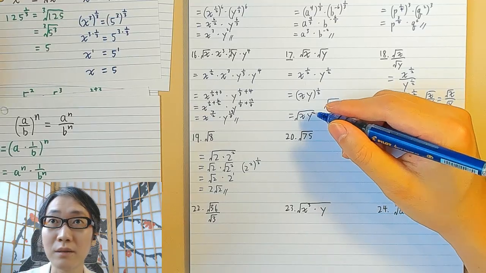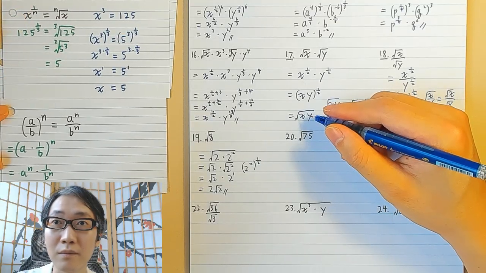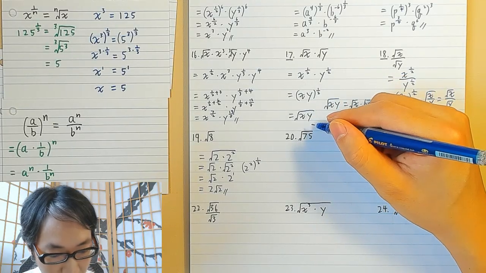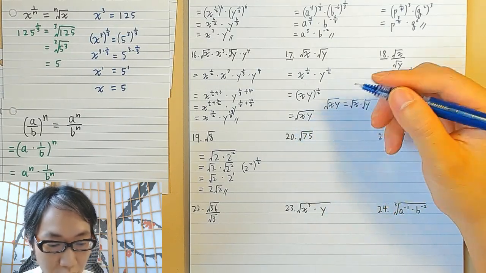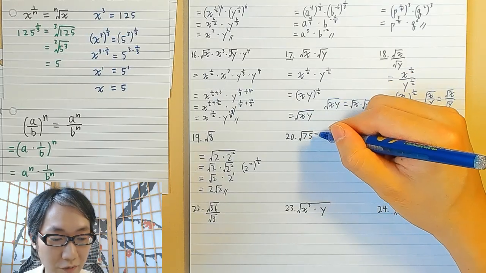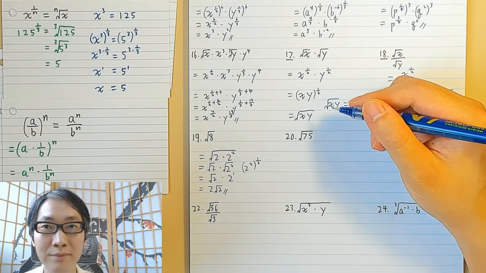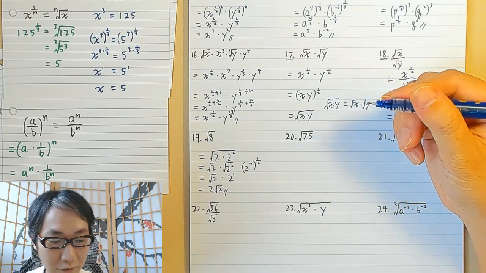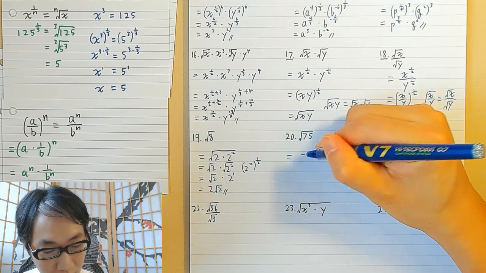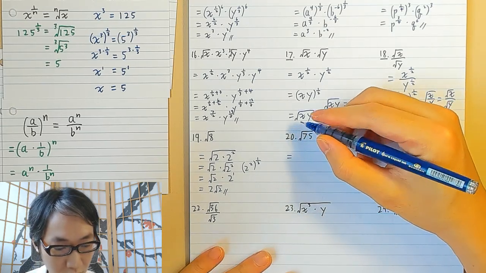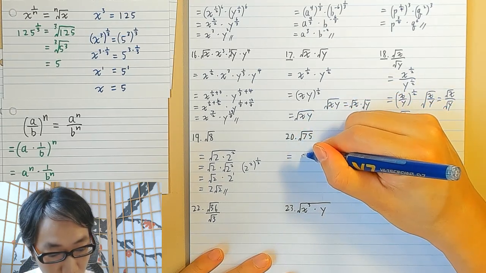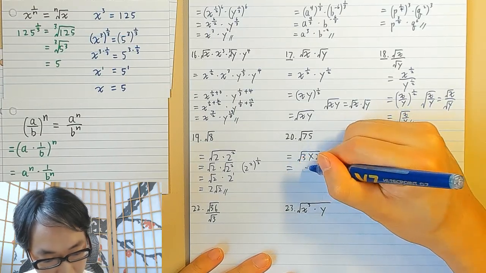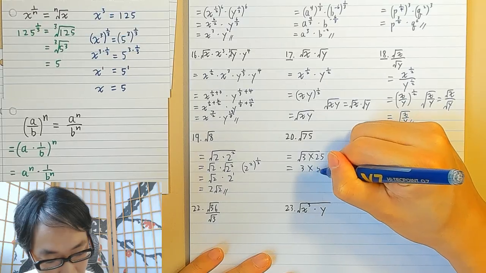And number 20, square root of 75. Oh, square root. So we need to find some square in the factors of 75. Oh, 25 is a square of 5 and a factor of 75. So this will be equals to 3 times 25, which is 25 is a square of 5.